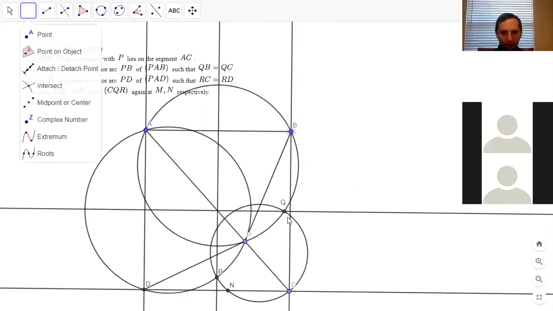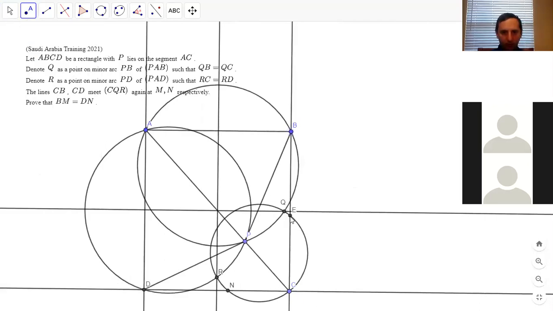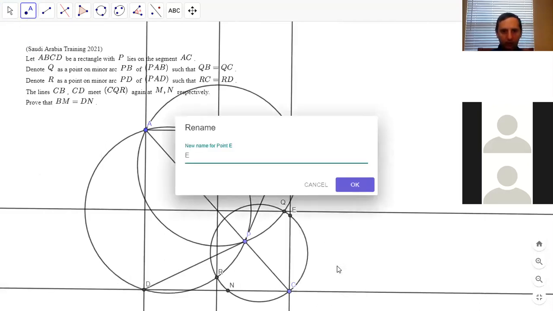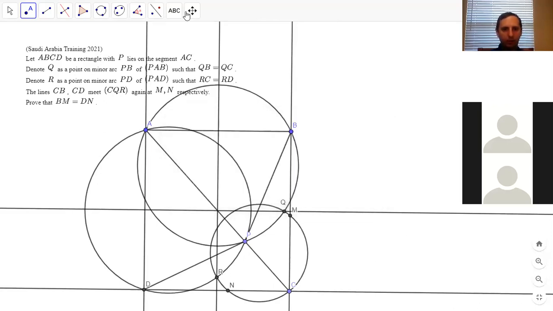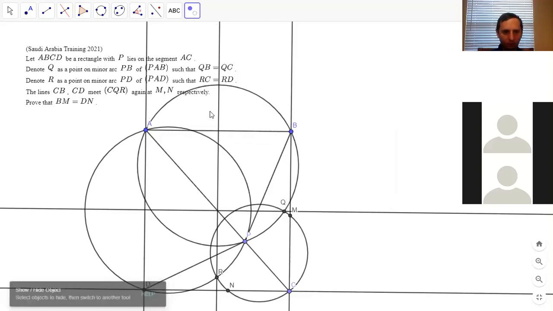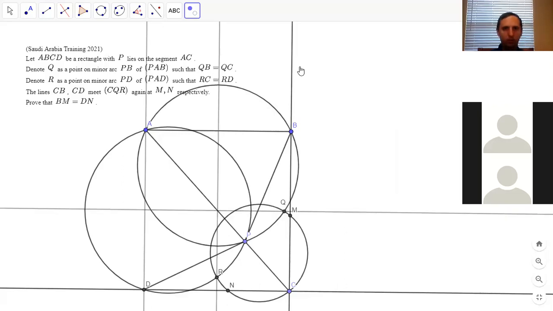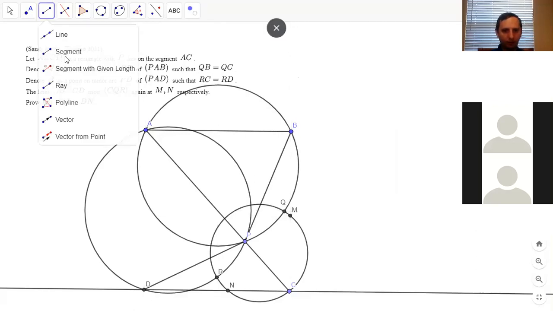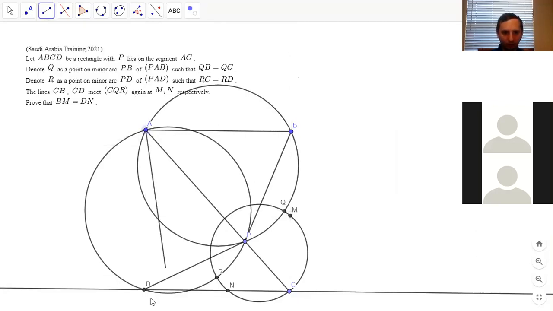So this is M, and we want to show BM equals DN. So let me hide some things. I think that's really all I need to hide, actually. Oh, I need to hide CD.